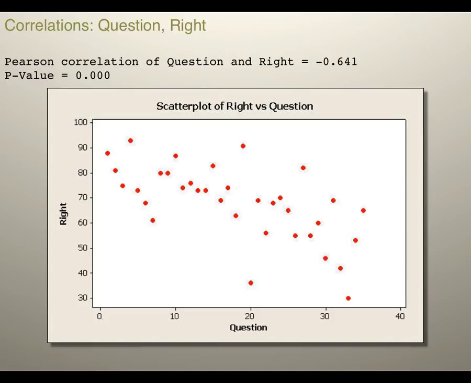Strength, not spread. What would we say the strength is? I would say moderate, moderately strong. So we would say there is a moderately strong negative linear relationship between question number and percentage correct. Generally, as question number increases, percentage correct tends to decrease. Okay, so F, form, U, unusual, D, direction, S, strength, not spread or shape.